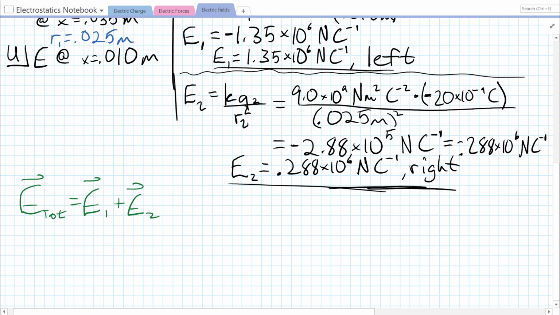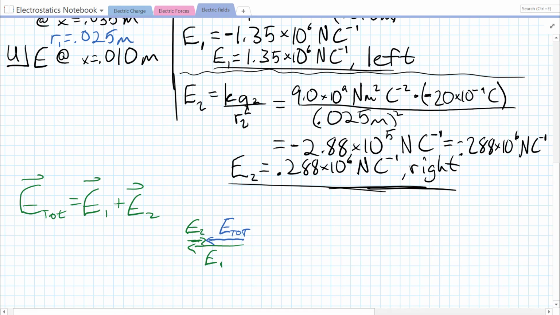E1 is about 1.35 to the left, so we're going to have one vector that points to the left, and E2 is a much smaller vector that points to the right. If we connect them tail to tip, we know that our resultant vector is what you get when you connect the tail of the first to the tip of the last. So our resultant vector actually goes from here. That's going to be our E total, and we can see that it's going to be pointing to the left.